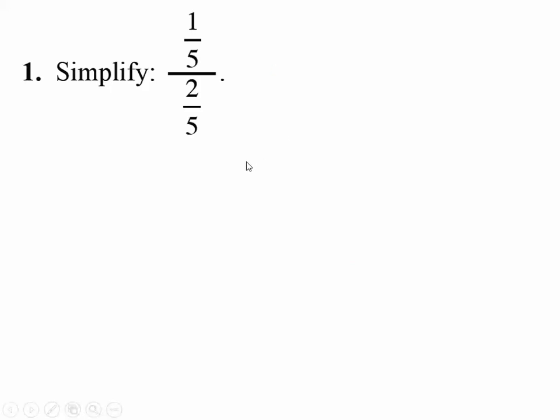What is the common denominator? 5. So let's multiply the top by 5, the bottom by 5. On top, the 5's cancel, so the whole top becomes a 1. On the bottom, the 5's cancel as well, and since everything cancels but the 2, we got ourselves 1/2. We're done.